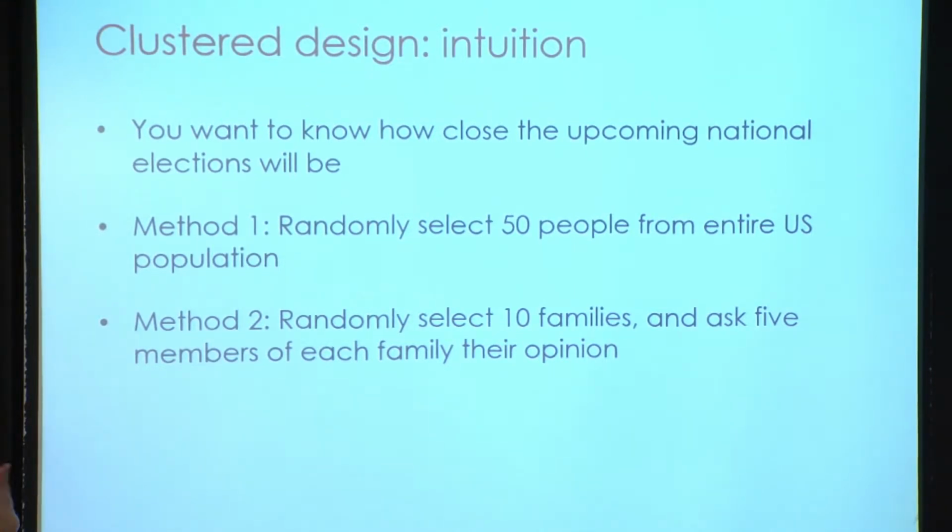I think most of us would realize that people within families may well vote the same way. Not always, but there's some likelihood of that. And therefore, if we select 50 people, we get a better idea of what's going on than just selecting 10 families and interviewing 5 people in each family.